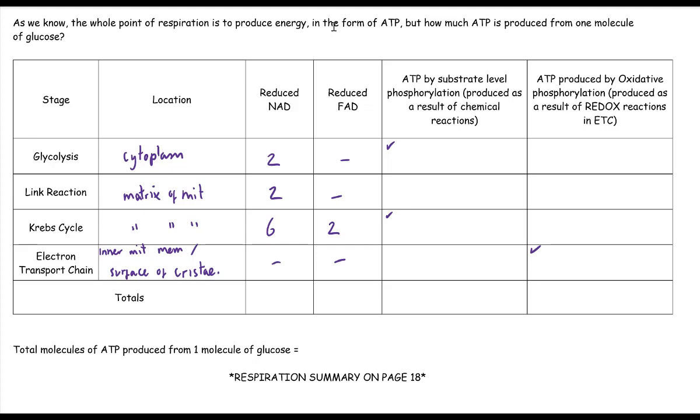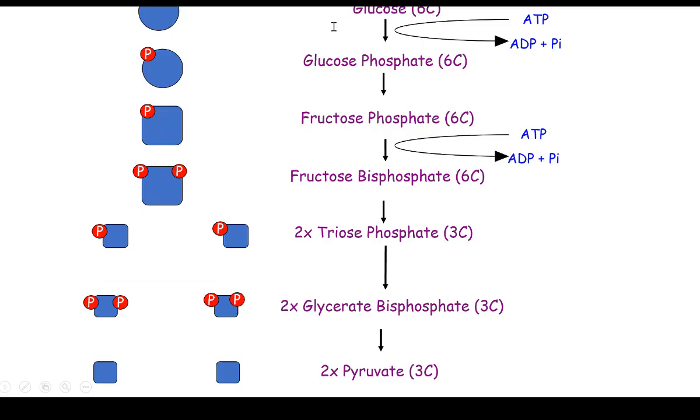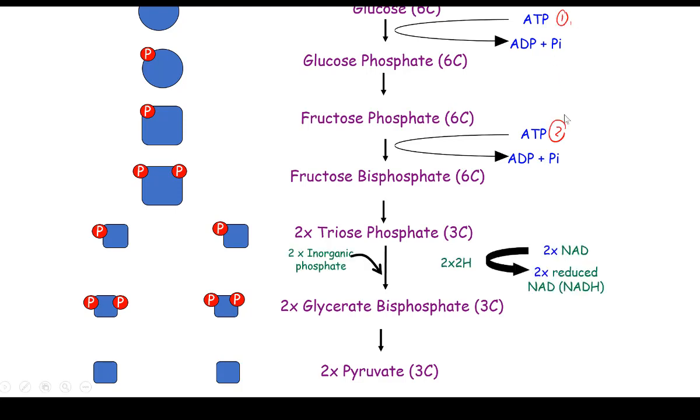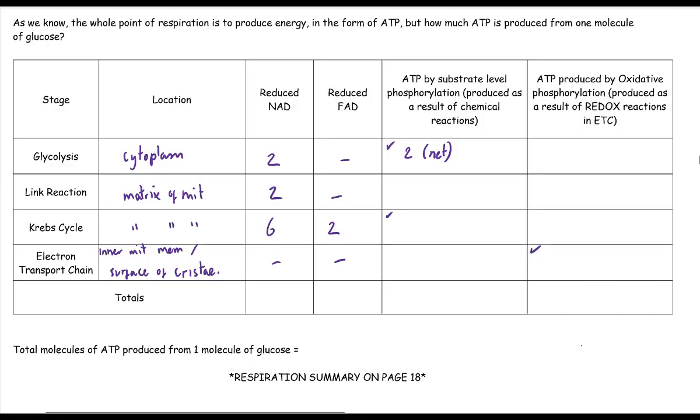Now, in glycolysis, we made 2, and that was net ATP. You'll remember actually we made 4 at the end of glycolysis, but we actually used 2 up at the start. So if I show you that, there's the 1 that we used up at the start, the second one we used up, but then at the very end we were able to produce 2 times 2, which was 4 ATP.